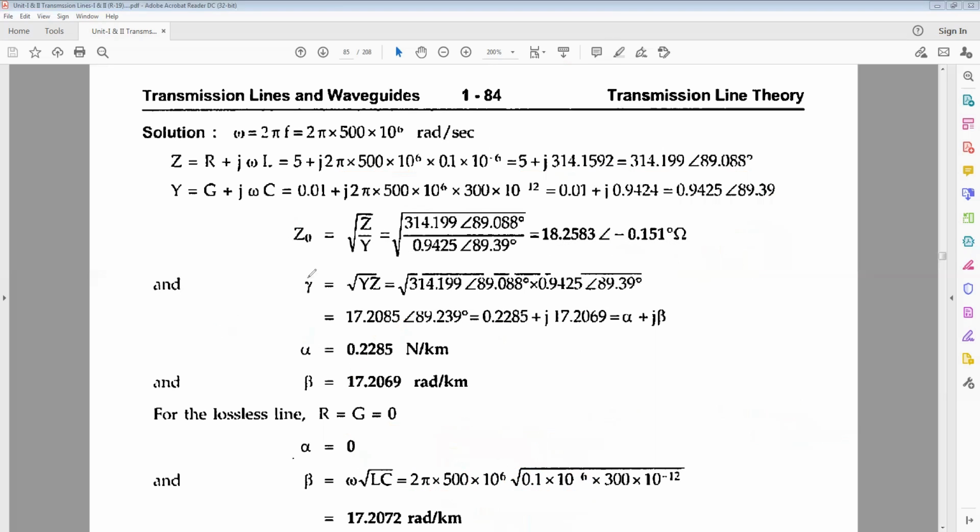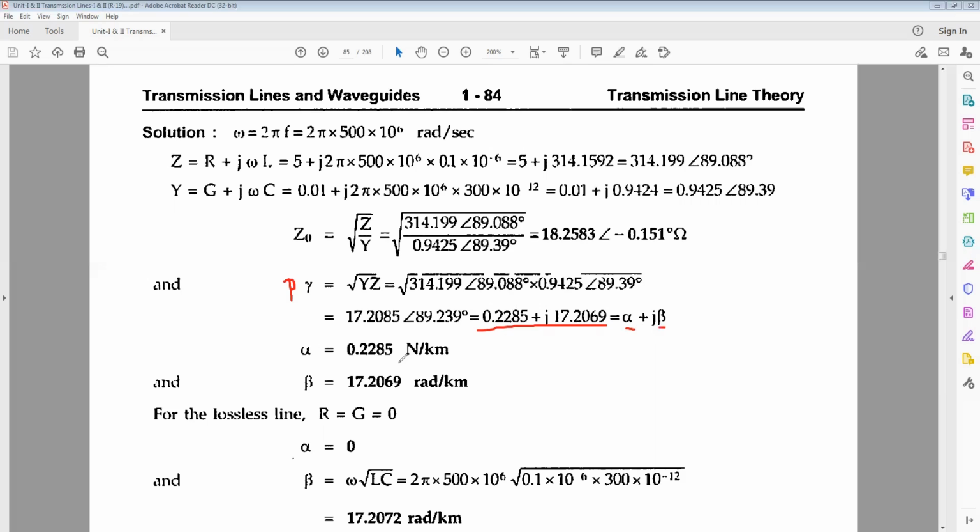Okay, my dear friends. Similarly, gamma, or P, the propagation constant, is the root of Y into Z or Z into Y. Got it? Here, convert the polar form into rectangular form to get alpha and beta. The real term is alpha and the imaginary term is beta.